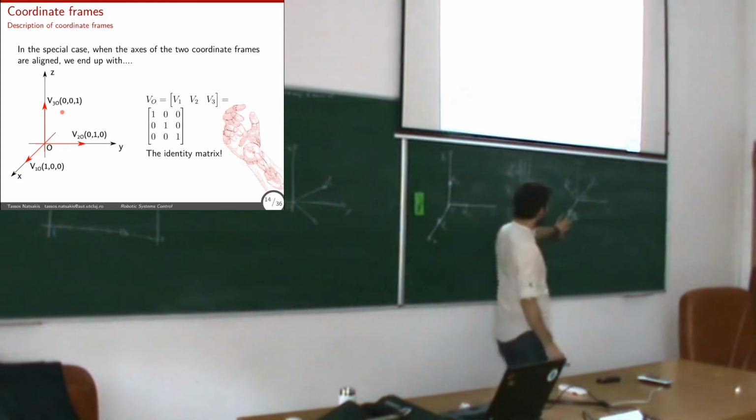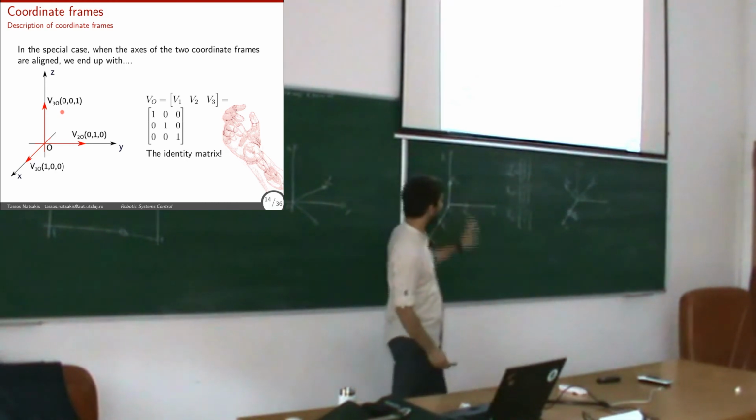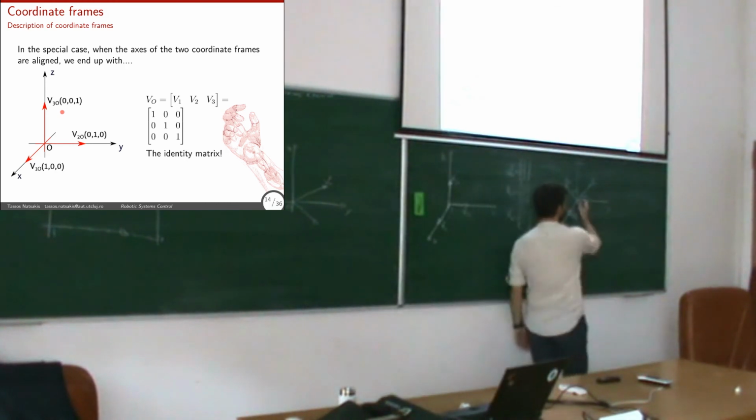Do you see it clearly? So it's basically the same as this one, but rotated by 45 degrees. And again, unit vectors.